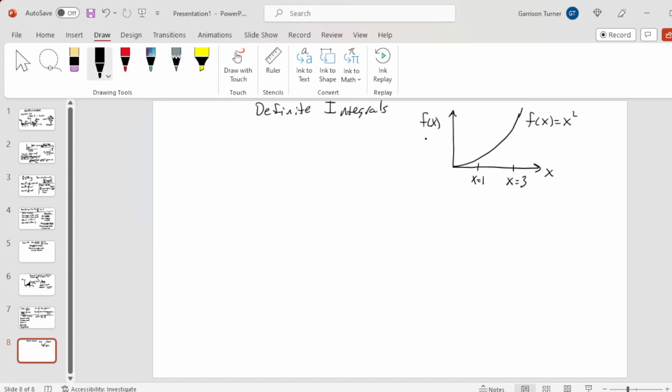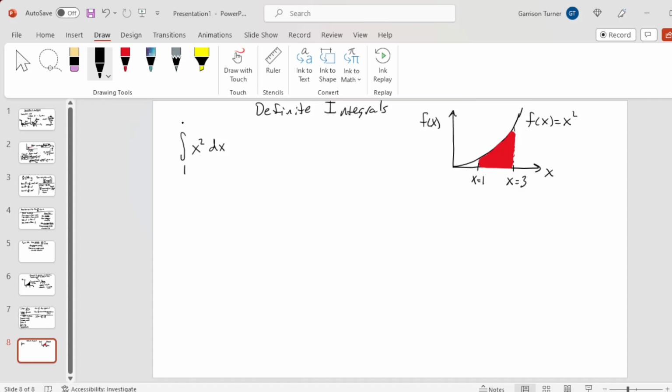So I want to calculate the area inside that box represented by this shaded region here. I want to calculate the area under that curve. So what we do is we write our integral sign, the function we're going to integrate, our integration variable that we're going to integrate with respect to, and then our limits go on the ends of our S here.